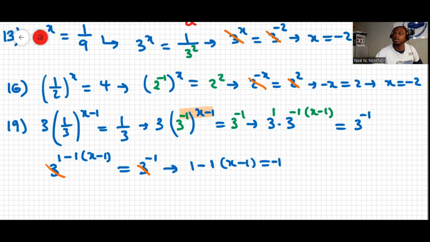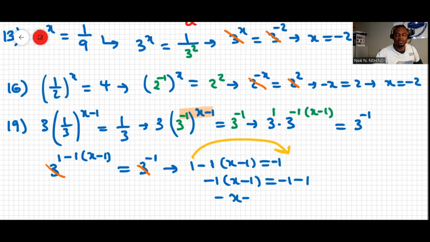If I move this one over, we will be left with negative 1 open bracket x minus 1 equal to negative 1 minus 1, and then negative 1 will make negative x.